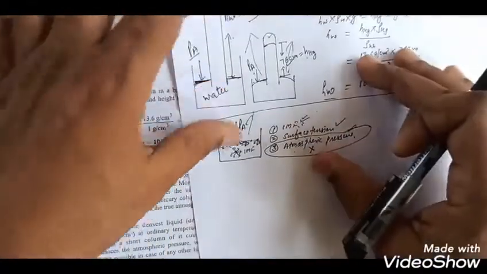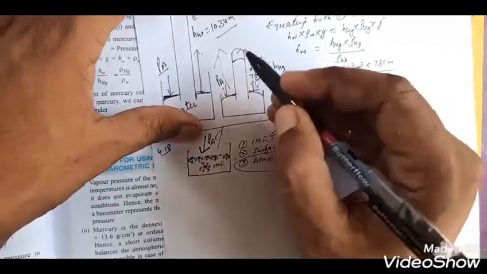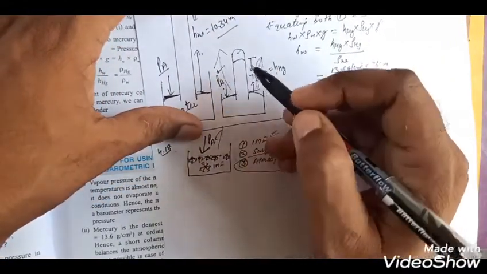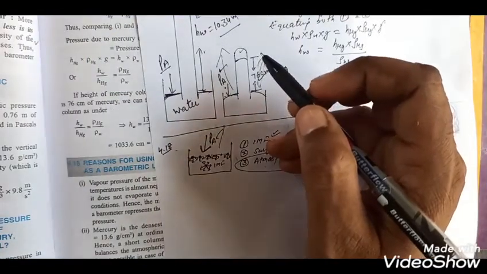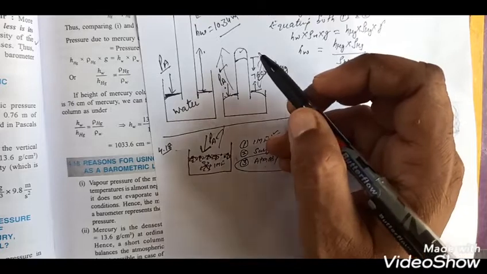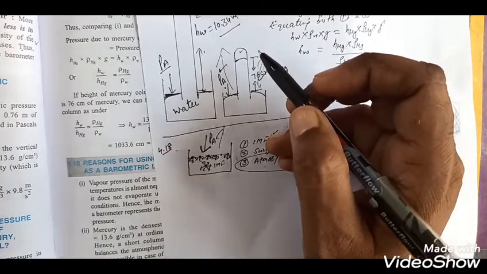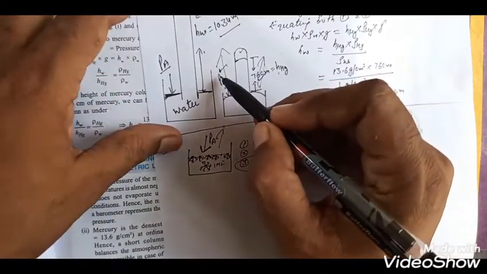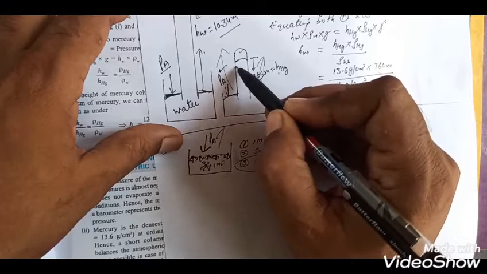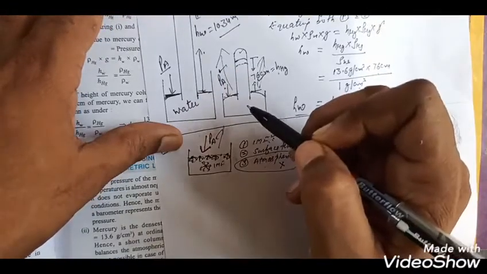Now you try to understand this. See, if atmospheric pressure falls, because of season, temperature, humidity, pressure, all these things, and because of altitude also, atmospheric pressure will fall outside. Right? When atmospheric pressure falls, the height of mercury in the barometric tube also falls.